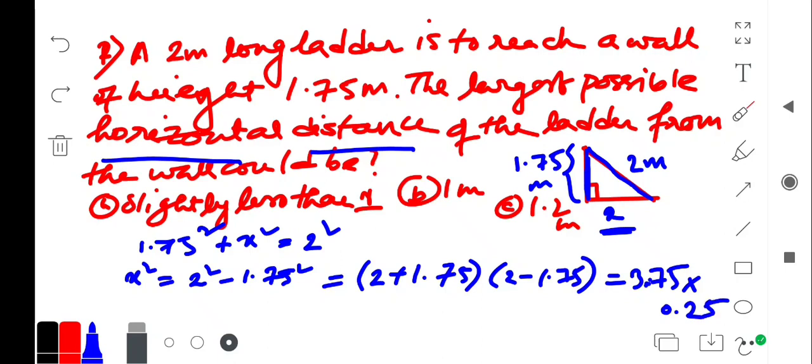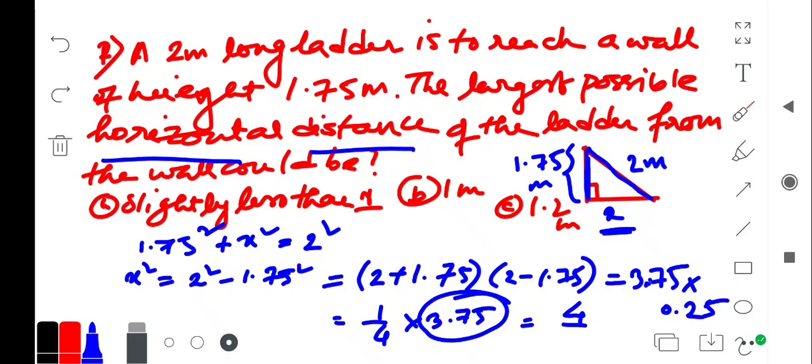Now 1/4 into 3.75. We can write 3.75 almost as 4, approximately 4 but less than 4, that's why this is less than 4/4, which we can write as less than 1.